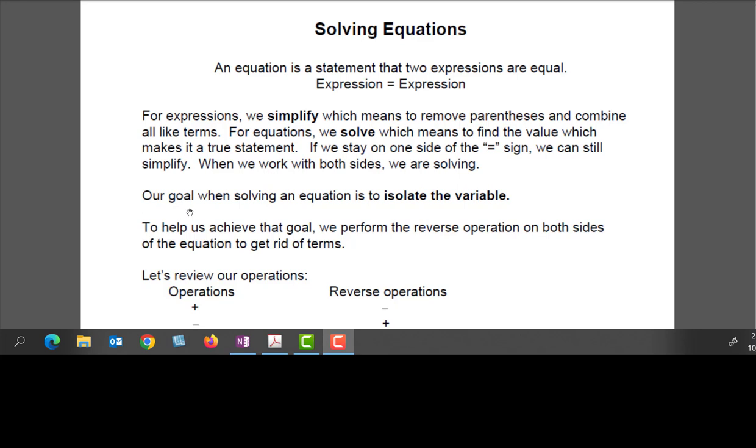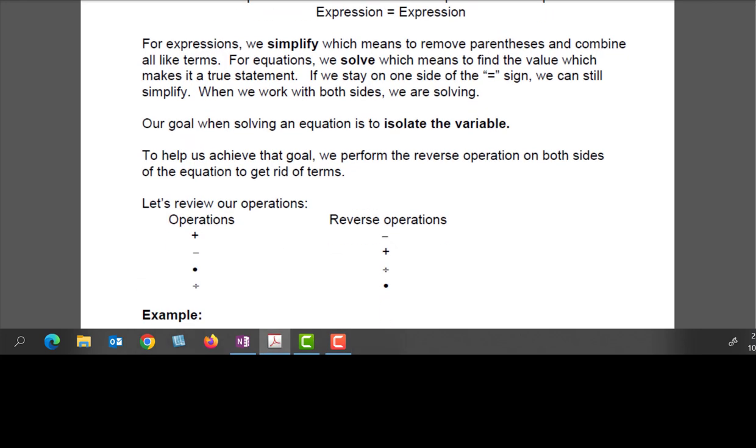Our goal when solving an equation is to isolate the variable. To help us achieve that goal, we perform the reverse operation on both sides of the equation to get rid of terms. For our operations, remember we have addition, subtraction, multiplication, and division.